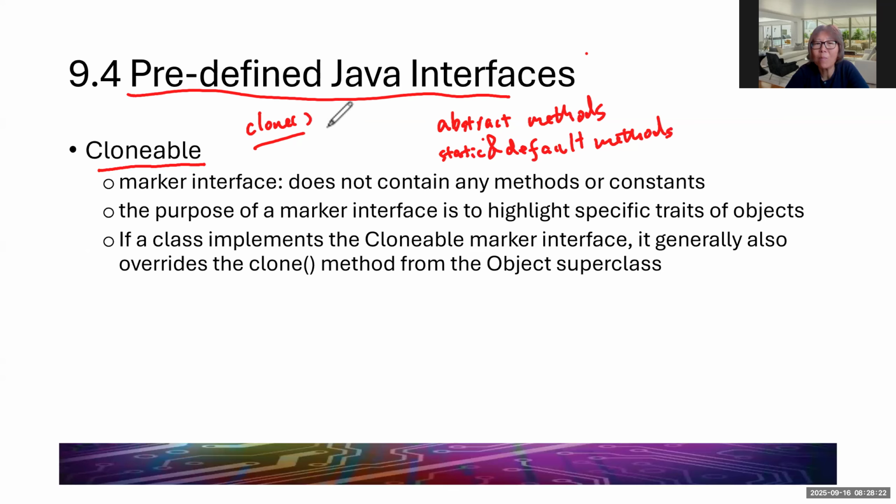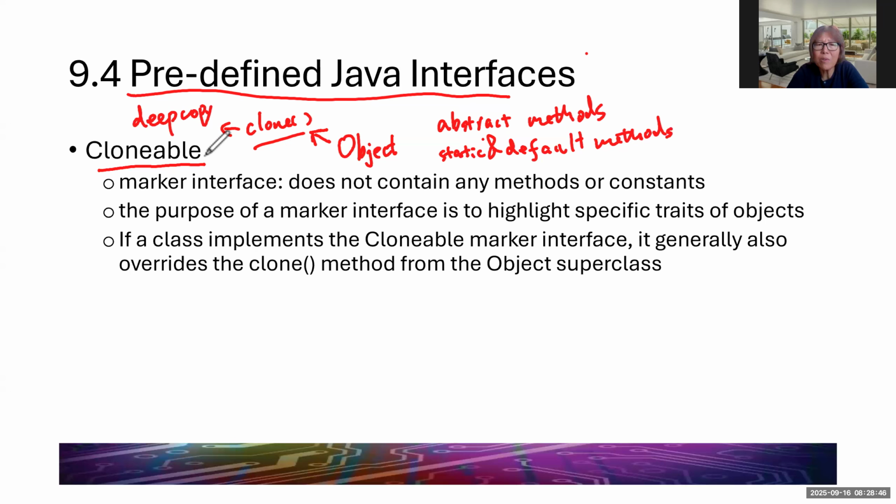That clone method is from the Object root class, the superclass of all Java classes. We override it with our own version, and generally speaking it should provide a deep copy of the reference type.